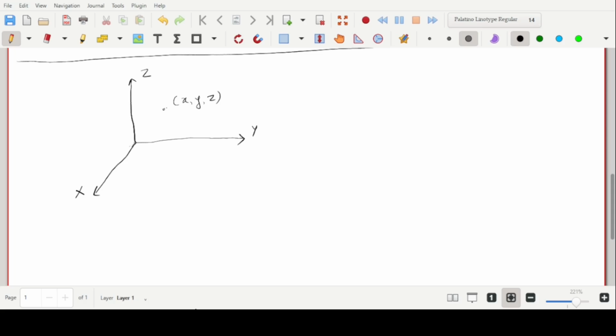What are r comma phi comma theta? So first, r is the distance of this point from the origin, as in the case of polar coordinates in two dimensions, where r was the distance from the origin. Here this is the segment or the arm having length r.